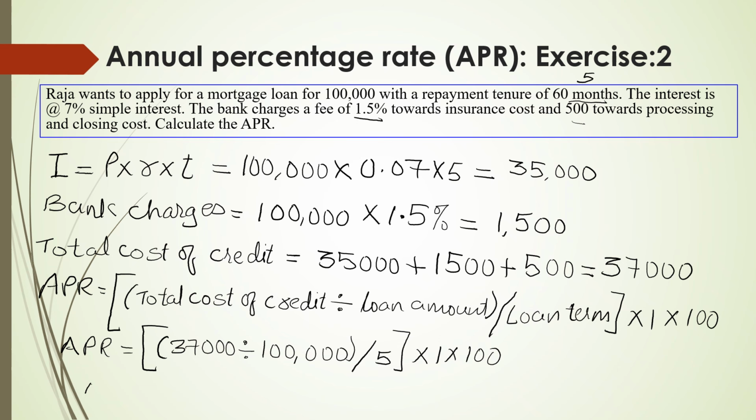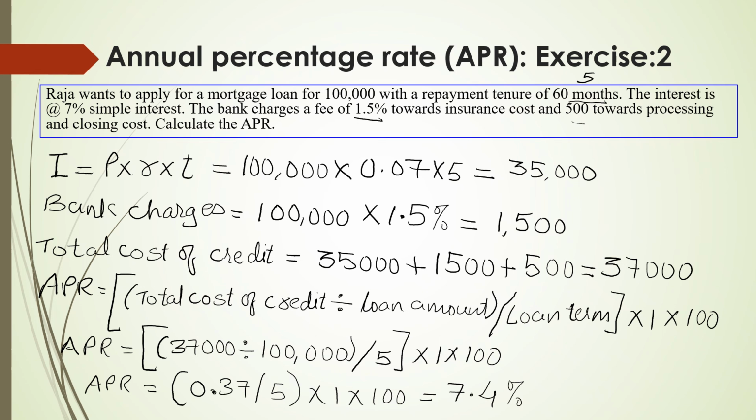Now we will write it down. APR is equal to 37,000 divided by 100,000. We will get 0.37 divided by 5, multiply by 1, multiply by 100. So we will get the answer. It is 7.4%.